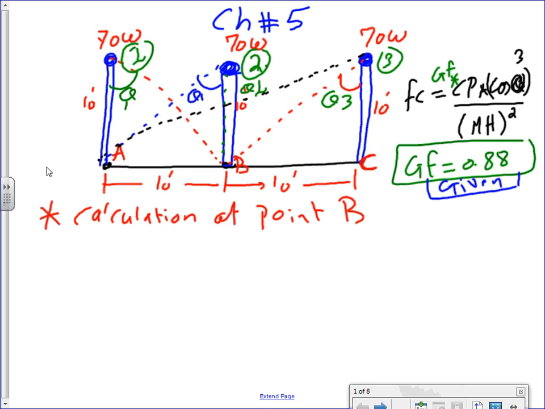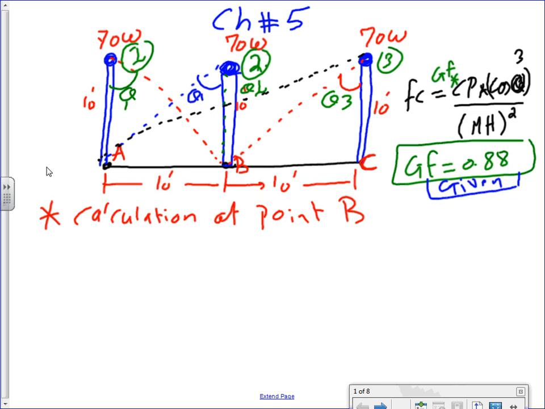We need to calculate at point P. Can everybody see where point P is here? I need to do a calculation for point P. The first thing I need to do, guys, is, let's use blue here.